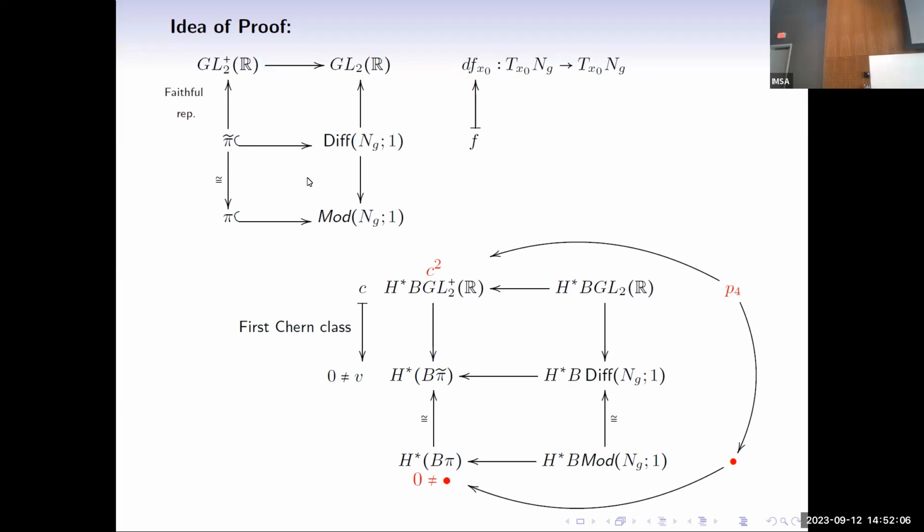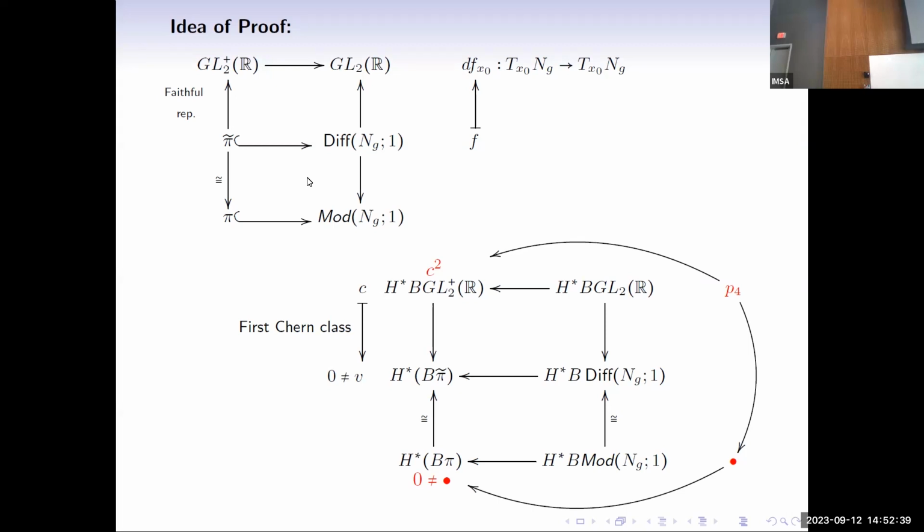So the map that sends any such diffeomorphism to its derivative gives you a representation into the tangent space, and it turns out that it lies in the orientation-preserving isomorphisms of the tangent space if you choose an appropriate orientation.